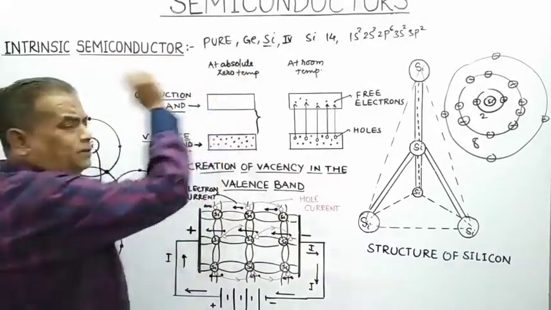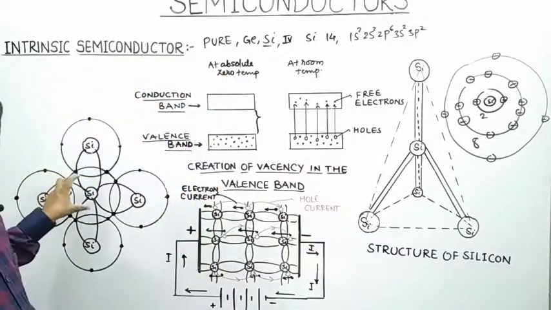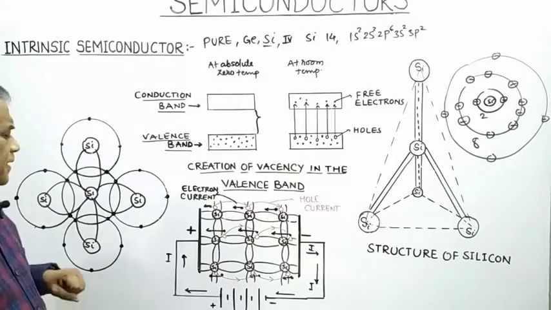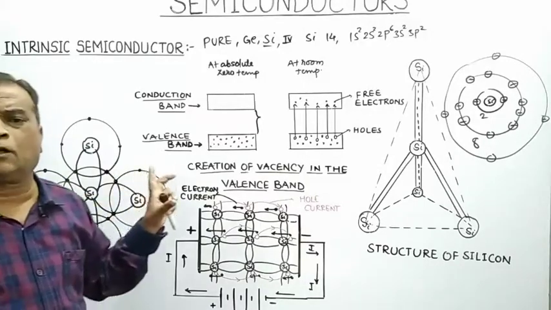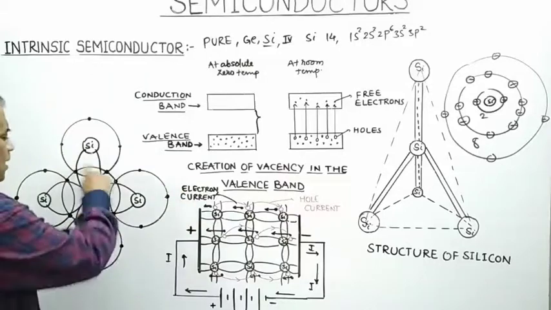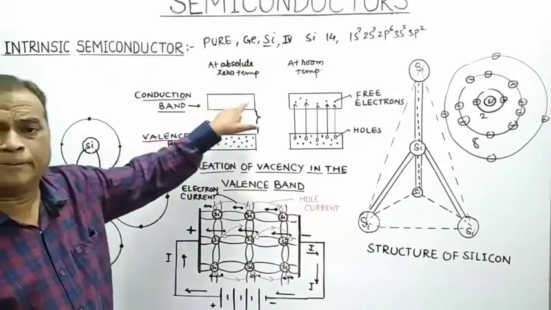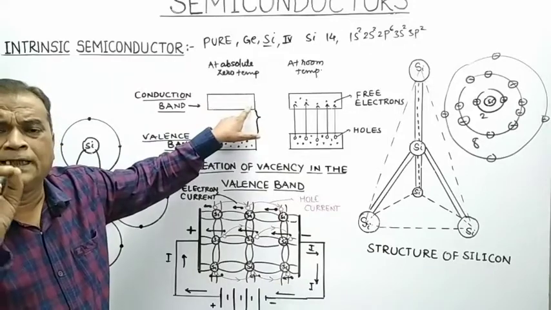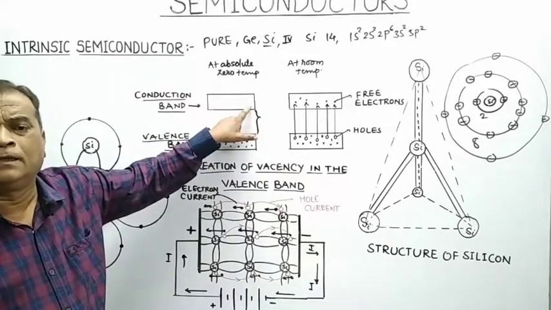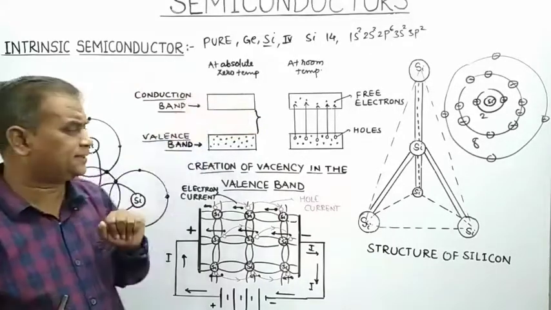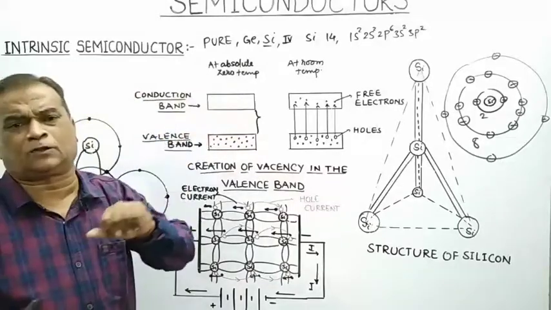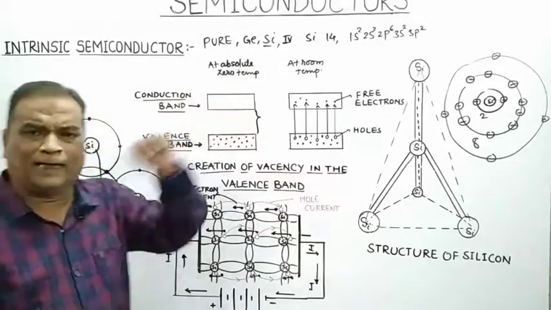So at absolute 0 temperature, no valence electron, valence electron means electron in the outermost orbit, is made available for the conduction of electricity. It means all the valence electrons are available only in what? Valence band.